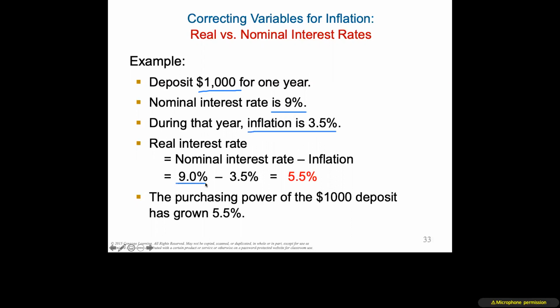Well, that really means that 9% nominal minus the inflation rate, your real interest rate is 5.5. So the purchasing power of that deposit grew only 5%, not the 9% as advertised. So you grew your purchasing power by 5%, the amount of money available.